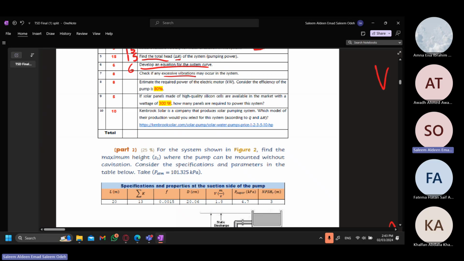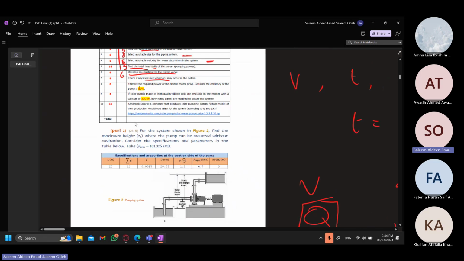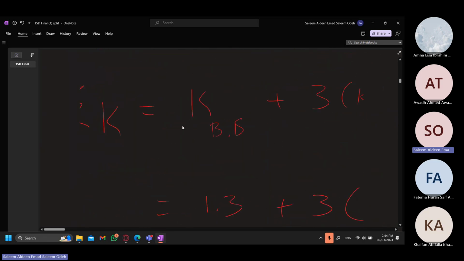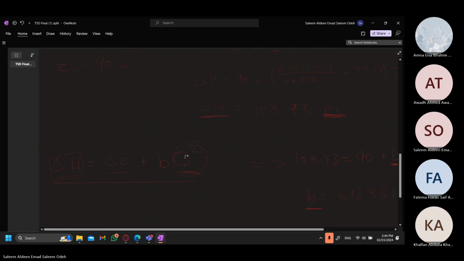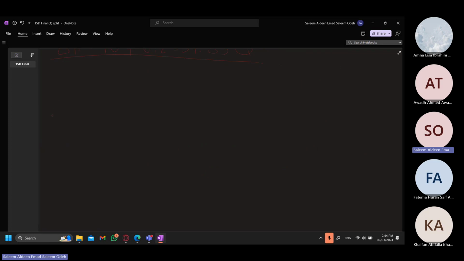Check if any excessive vibrations may occur in the system. Now to calculate for vibration, you'll need to calculate for the pressure. In order to calculate for the pressure, you're going to use this equation. Delta P equals 1000 multiplied with the friction over D multiplied with the density times velocity squared over 2.